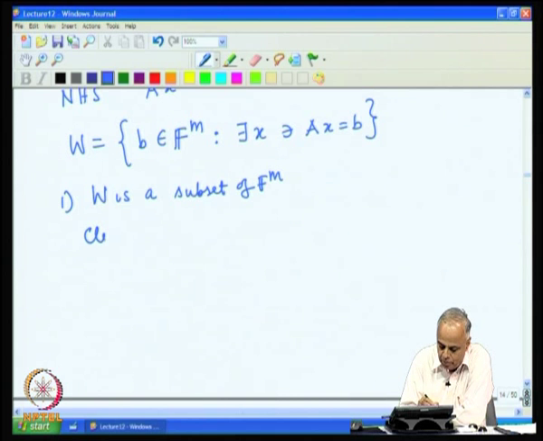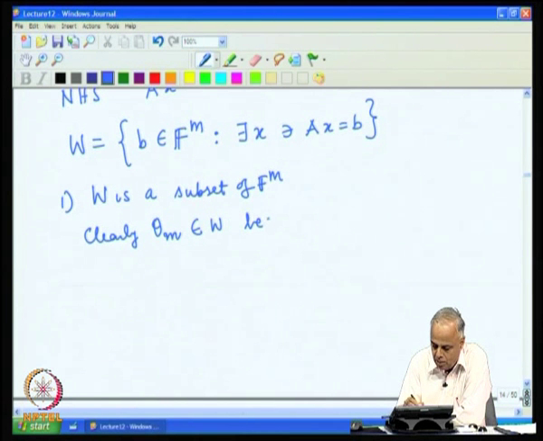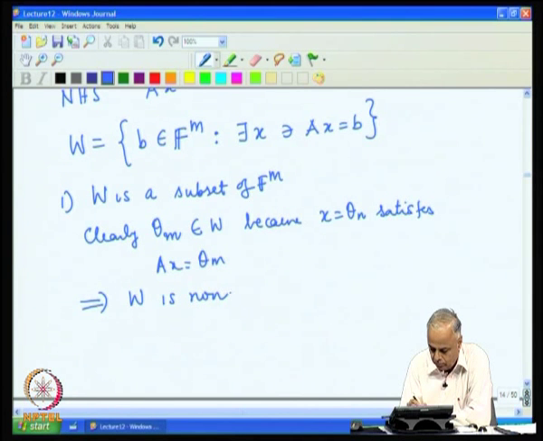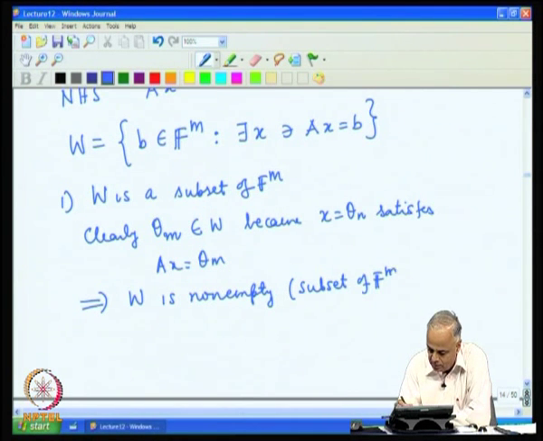So, therefore, clearly theta m belongs to W, because x is equal to theta n satisfies A x equal to theta m. Therefore, W is non-empty. It is a non-empty subset of F m, we will keep reminding that.